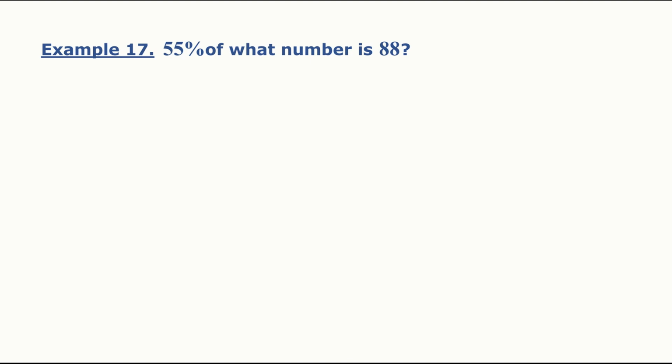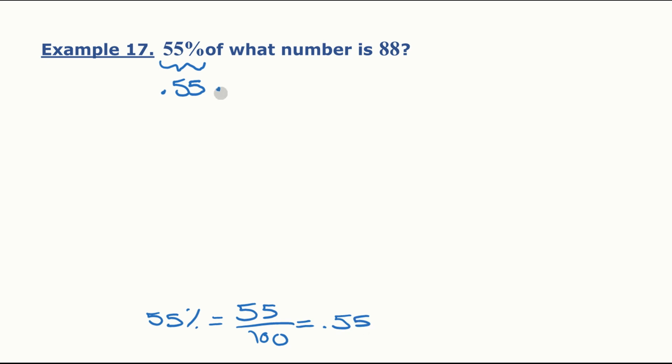So basically the 55% here obviously is going to translate as 0.55, because remember 55% means 55 over 100, which is 0.55. Of translates to times. What number is going to translate to x. Is translates to equals, and then 88. This is the most natural way of setting these up.